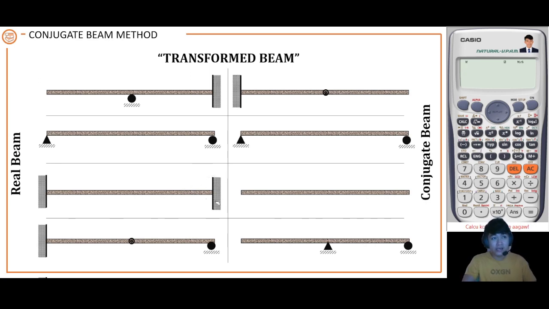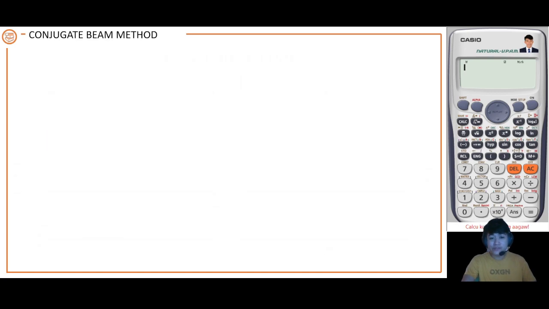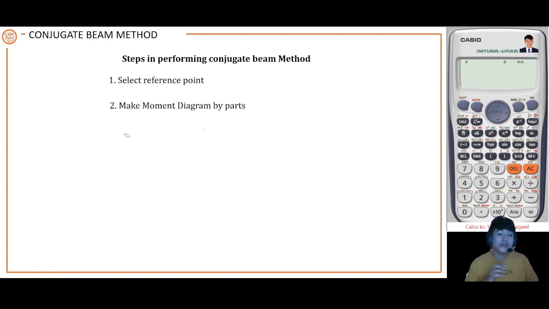Now, here are the steps in performing the conjugate beam method. First is to select a reference point. Why do we have to select a reference point? Because we are going to create the moment diagram by parts, just like what you've done in the area moment method or moment area method.